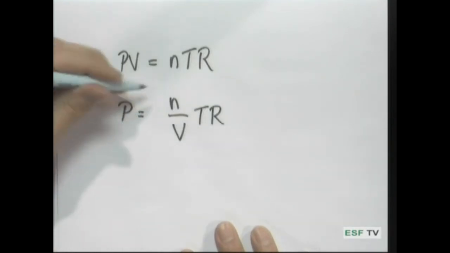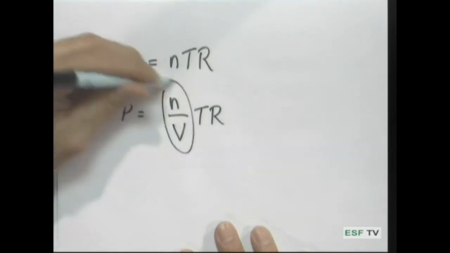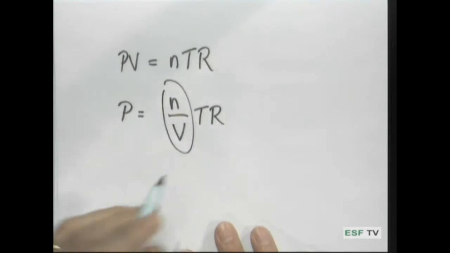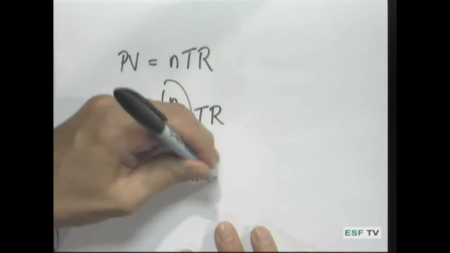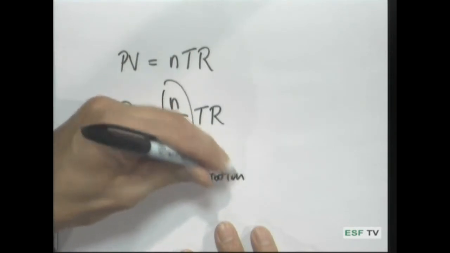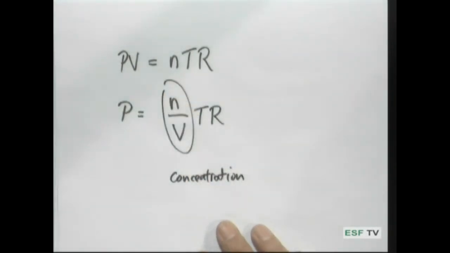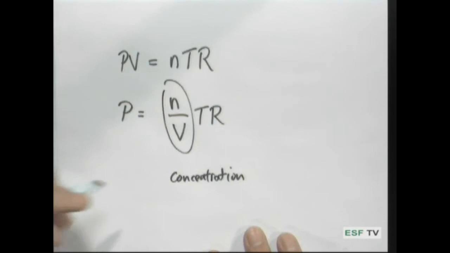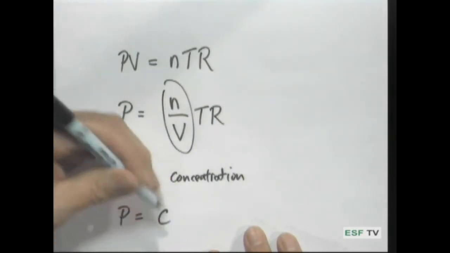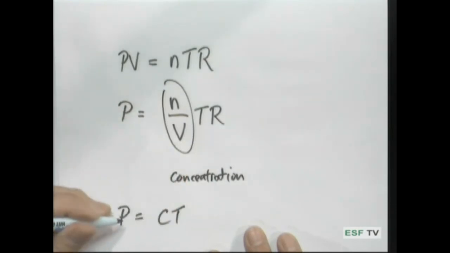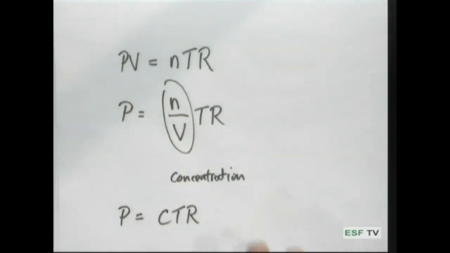Now we have pressure on one side, and a new quantity over here, which is the concentration of gas molecules. That's what concentration is: number of moles per meter cubed, or liter, or whatever measurement of volume you care to use. And so pressure is going to equal concentration times temperature times the gas constant.